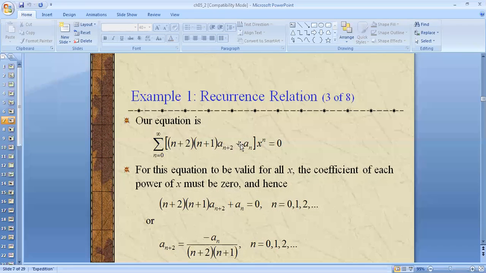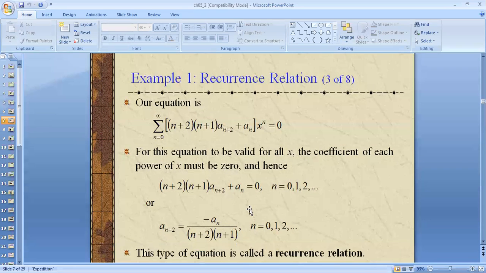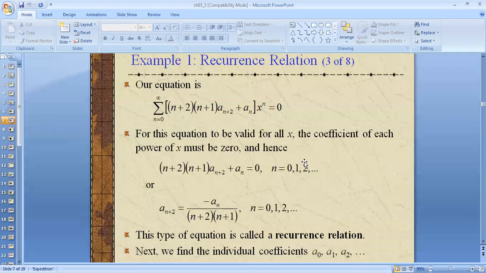For this equation to be valid, this coefficient must be 0, because x is not equal to 0. To make a valid solution, we must take this as 0, for individual n starting with 0, 1, 2, 3 up to infinity. That will never finish.